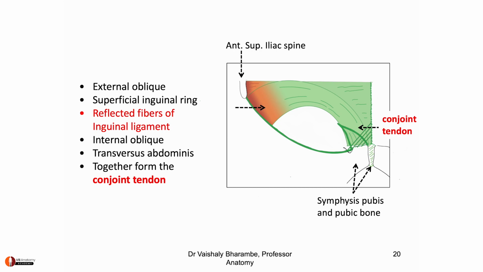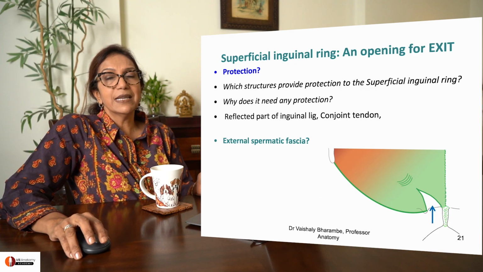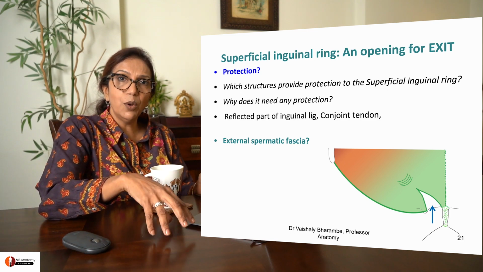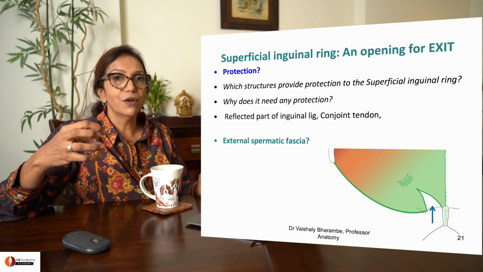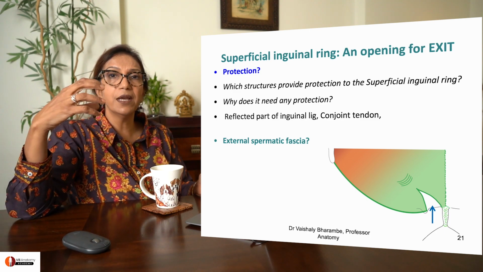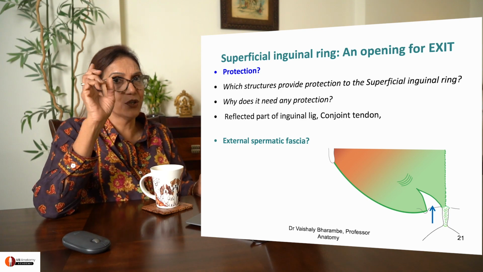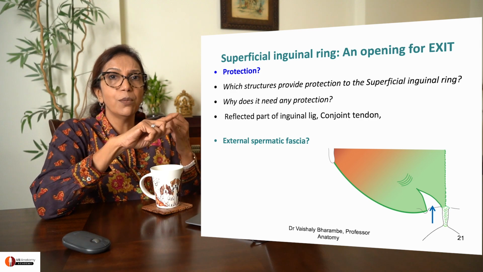Reflected fibers of inguinal ligament and the conjoint tendon. Okay. Continuing with this, what is external spermatic fascia? Remember, external oblique muscle, aponeurosis, continues from the superficial inguinal ring into the scrotal sac as external spermatic fascia. Just remember it. It's a continuation of external oblique muscle.